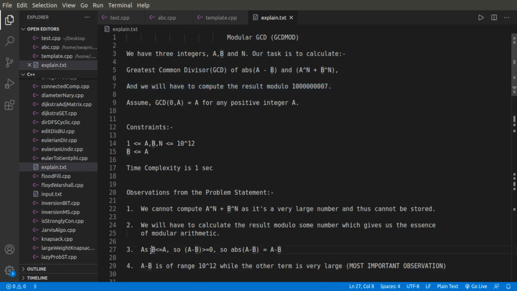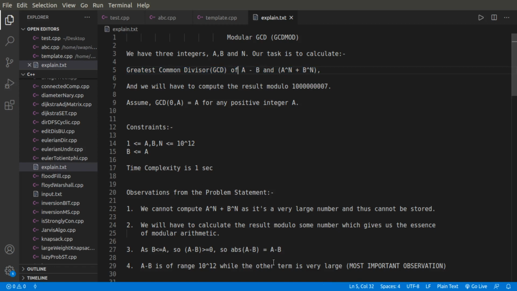Here it's given that b is less than or equal to a, so obviously a minus b will be greater than or equal to 0. So the absolute value of a minus b will be a minus b only, and there is no meaning of providing an unnecessary absolute function over here. Finally, we will have to calculate the GCD of a minus b and a power n plus b power n.